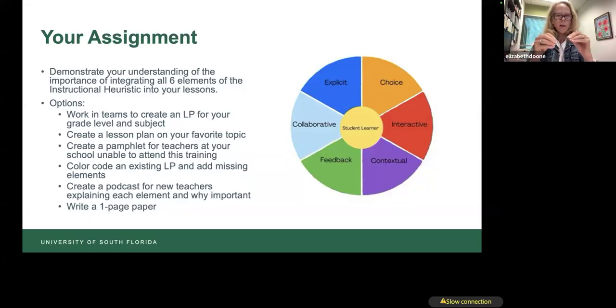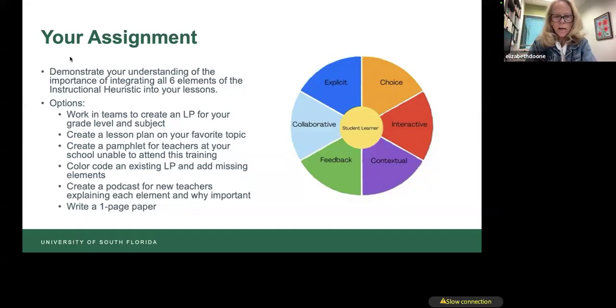So if there are 5 people on here who all teach science at the 10th grade level and you have a certain concept, do it together, because that fosters your learning. You could just create your own lesson plan on your favorite topic. You could create a pamphlet for teachers at your school who are unable to attend this training, explaining the instructional heuristic.